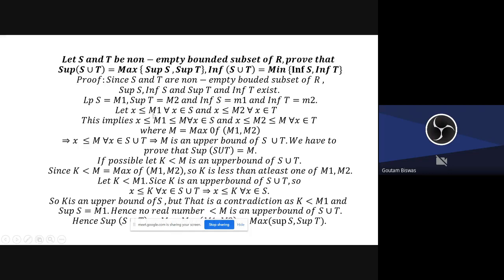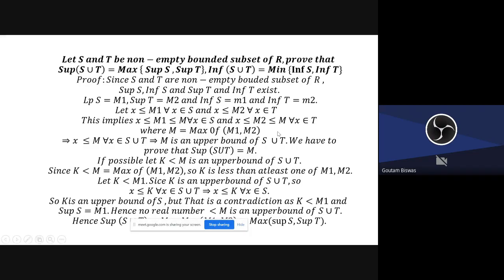So let x be less than or equal to M1 according to the definition, and this holds for all x belonging to S. Okay, this line is clear. Now this implies that x is less than or equal to M1, which is less than or equal to M, where M is the maximum of these two.